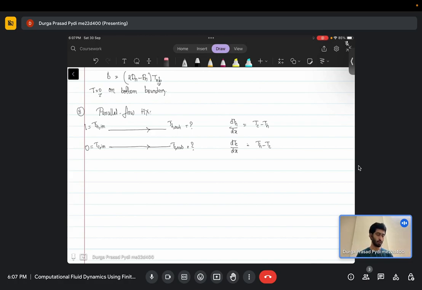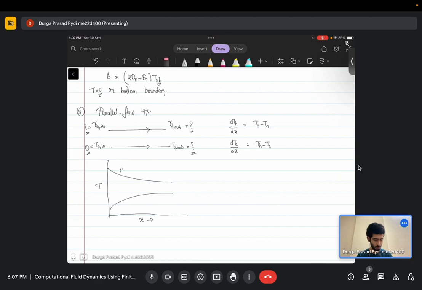So till now, whatever problems we are solving in space dimension, as boundary conditions we need to know both these values. But in this particular problem, in case of a heat exchanger, we already know for a parallel flow heat exchanger, the temperature will drop something like this as a function of x.